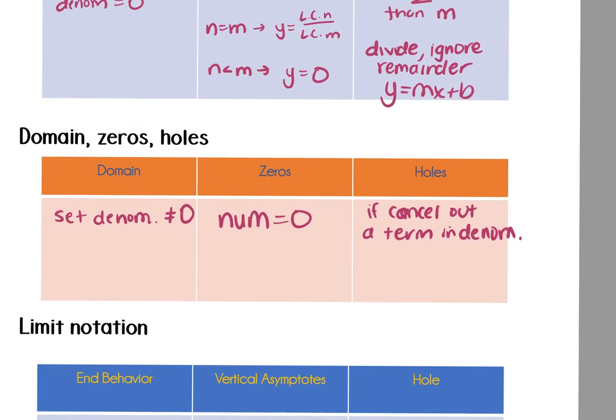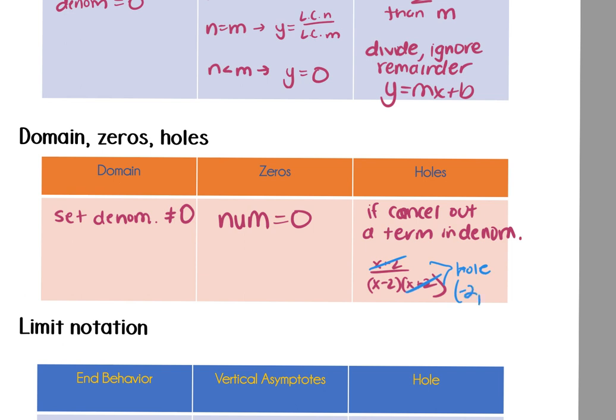And when we say cancel out, it's only for the variable. Let's say it says x plus 2 over x minus 2, x plus 2. These cancel out. You're not talking about a coefficient, right? So this would have a hole, and the x value of the hole would be -2.